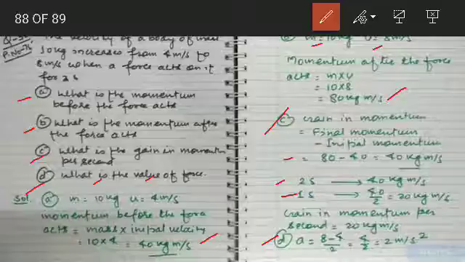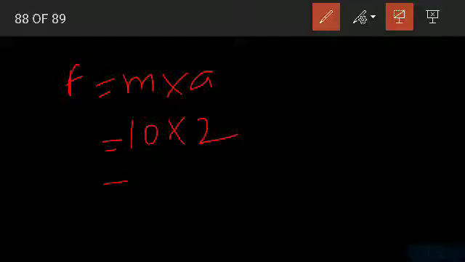Now we can easily calculate the force by using the formula force equals mass into acceleration. Mass is 10 kilograms and acceleration we calculated just now is 2. So force is 20 newtons.